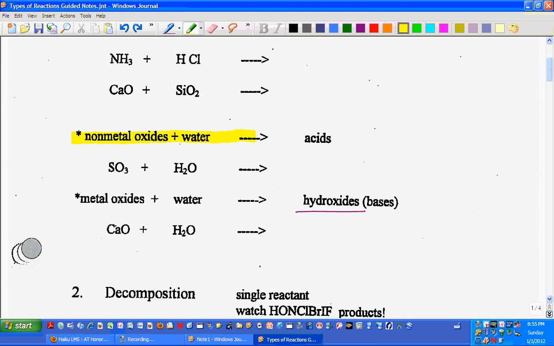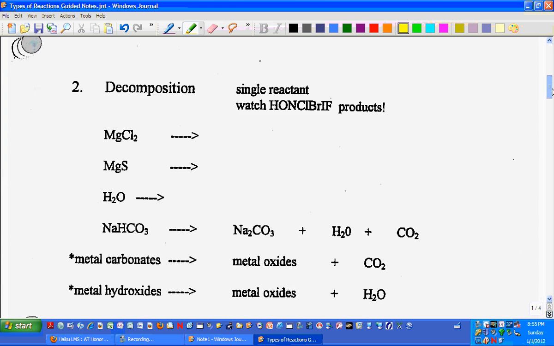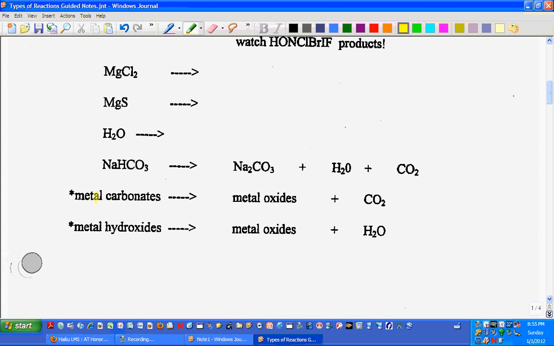Remember that non-metal oxides in water are going to produce acids. Metal oxides in water are going to produce hydroxides for combination reactions. And for decomposition, metal carbonates will break down into metal oxides and carbon dioxide, and metal hydroxides are going to break down into metal oxides and water. Those are some specific patterns within our general pattern for decomposition and combination.